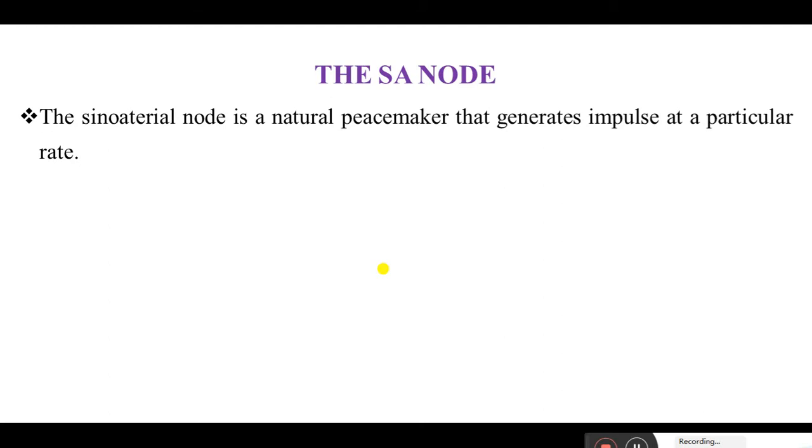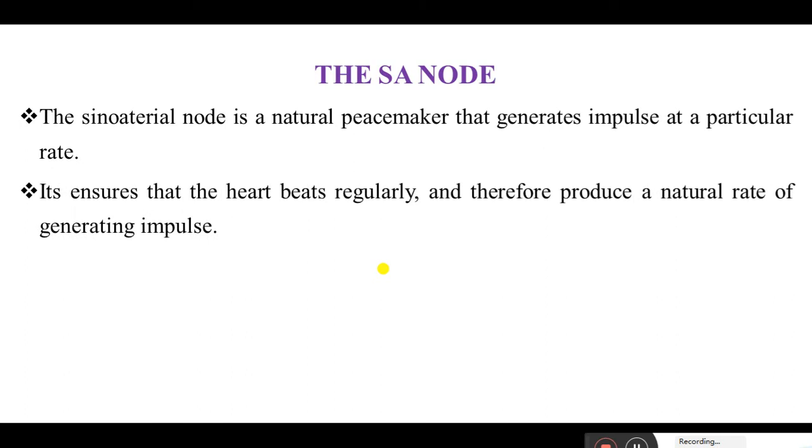That creates myocardial contraction to pump blood to the lungs for oxygenation and to the system for tissue oxygenation and nutrient supply. The SA node ensures that the heart beats regularly and therefore produces a natural rate of generating impulses.